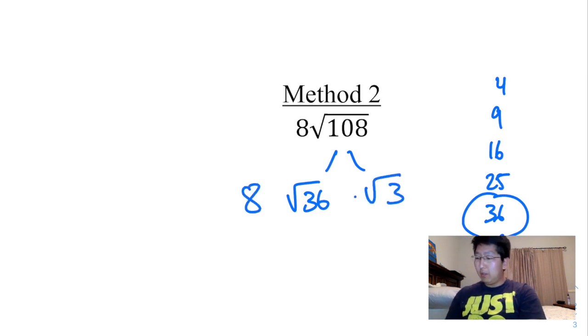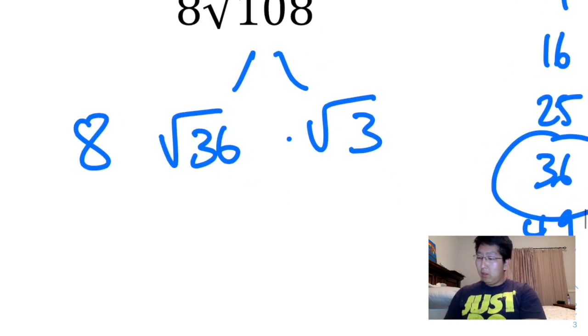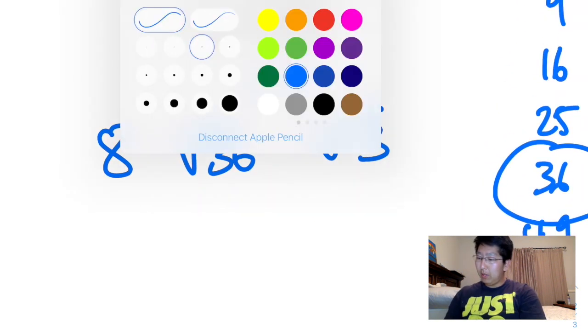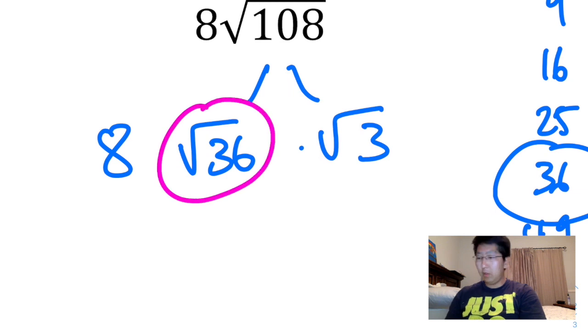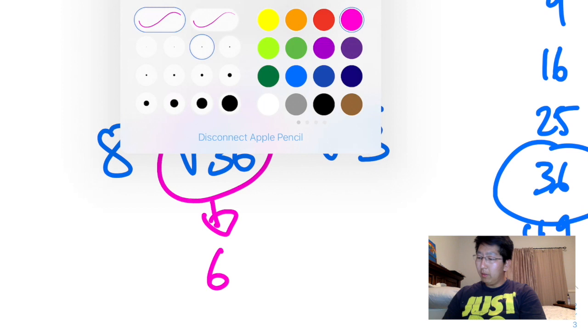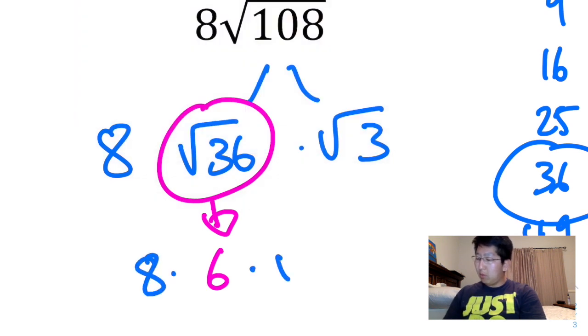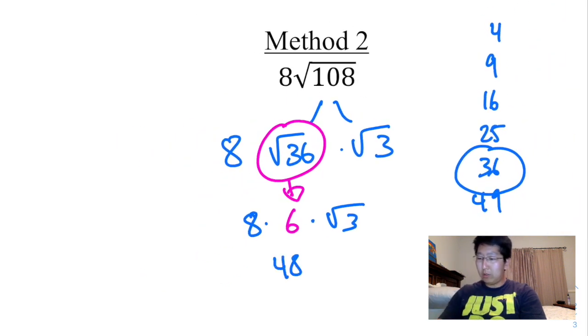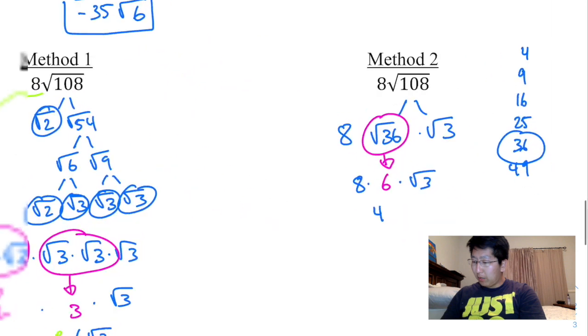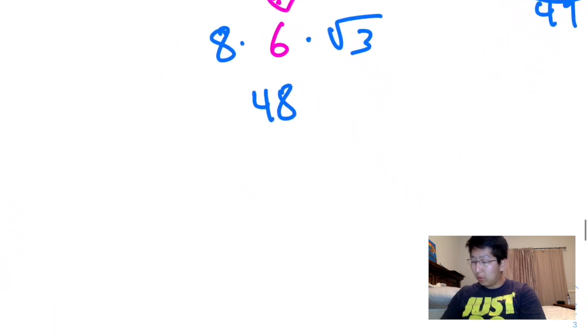Okay, I'm going to circle it in pink because it's a perfect square root. That's going to equal 6. Oh, I keep getting the wrong blue. 8 times 6 times the square root of 3, and 8 times 6 is 48 square root of 3.